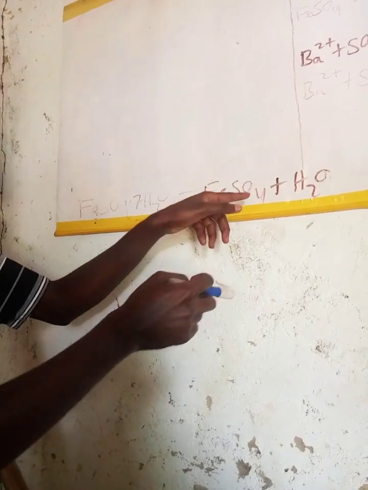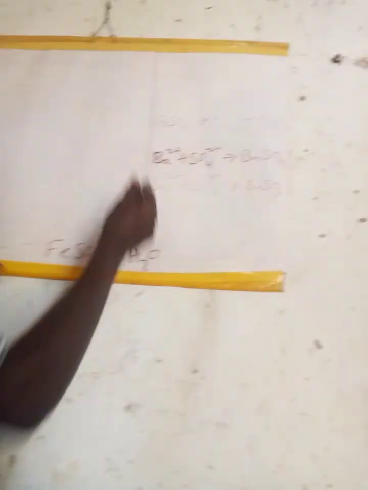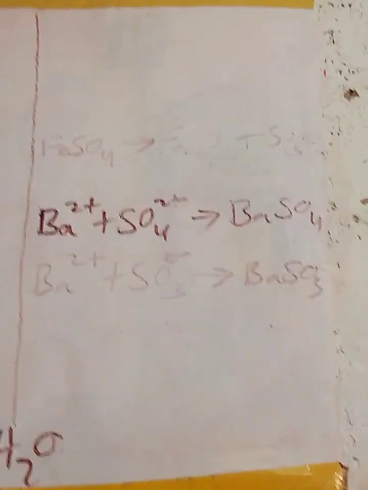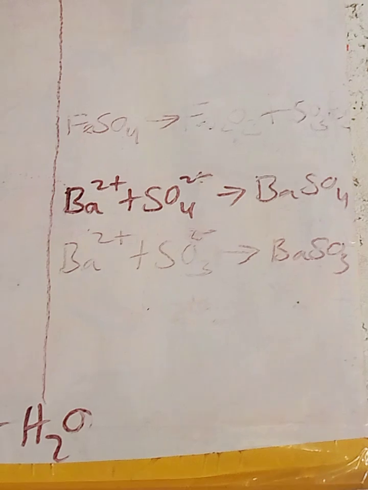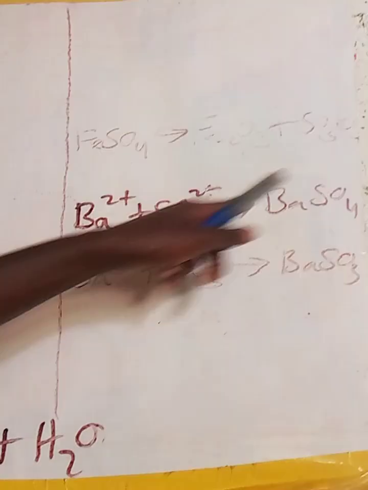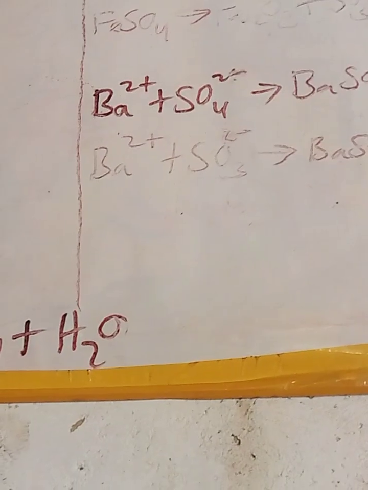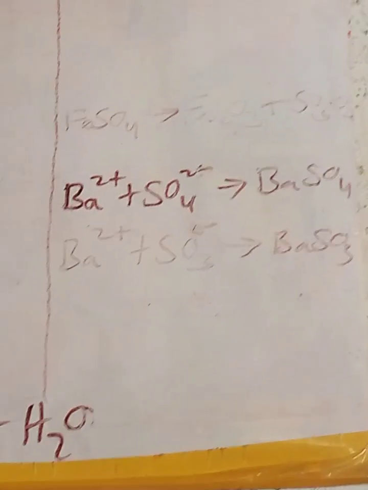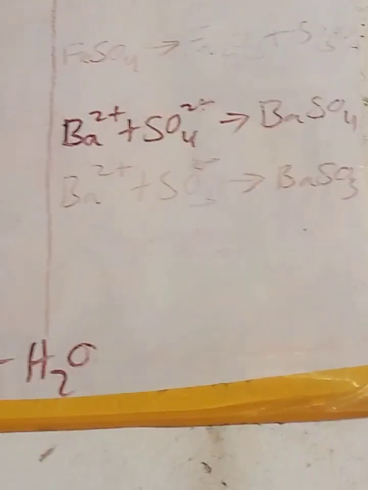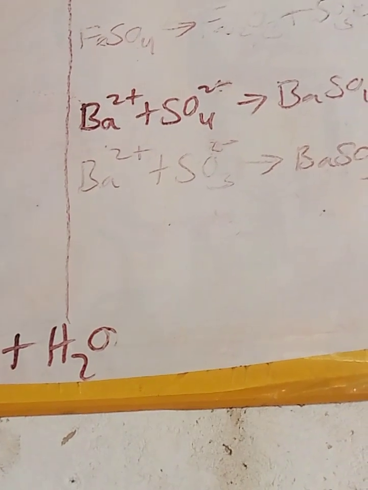Then this iron 2 sulfate is further heated to form iron 2 oxide plus sulfur 4 oxide plus sulfur 6 oxide, and there the gas is collected.